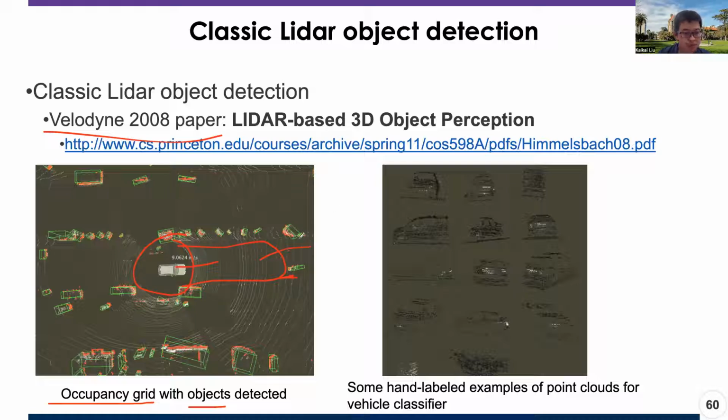Similar to images, LiDAR also has some good products. Some of the latest vehicle LiDARs have very high resolution, so you can see a car may have multiple points, and you can analyze the points similar to images. You can classify whether it is a car or a pedestrian.